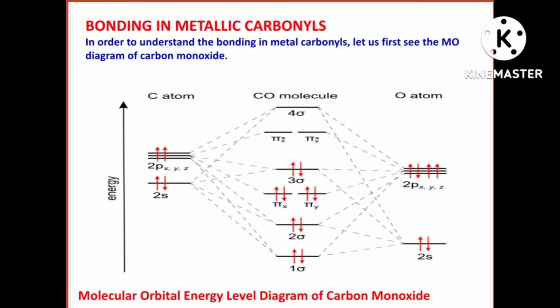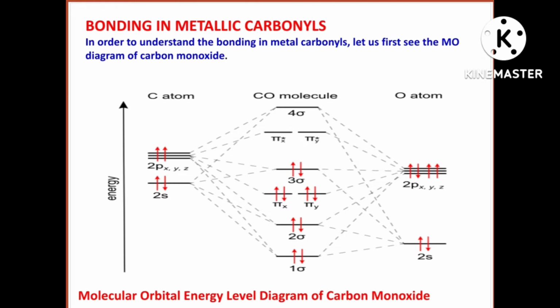Carbon monoxide contains 10 electrons, and these 10 electrons are accommodated in 2 bonding molecular sigma orbitals, 1 anti-bonding sigma orbital and 2 bonding molecular pi orbitals.